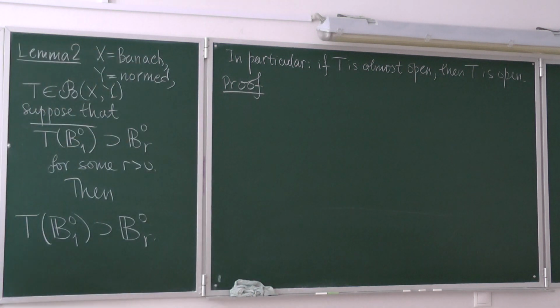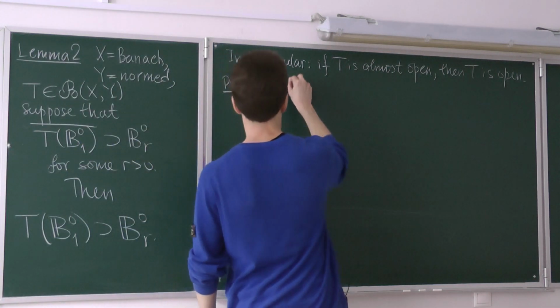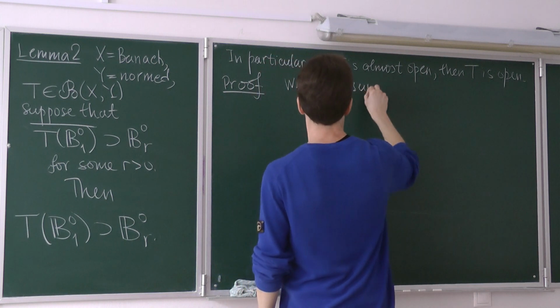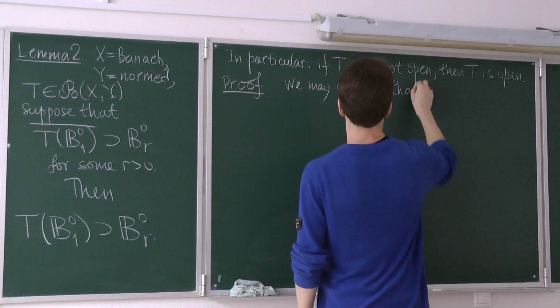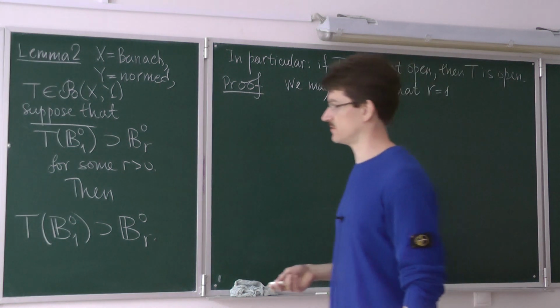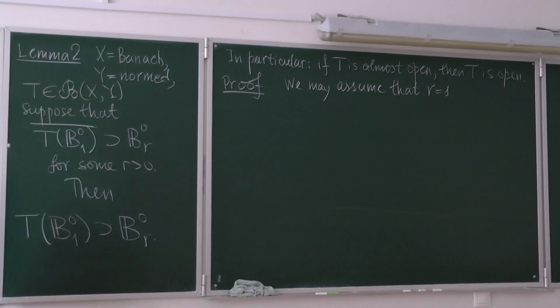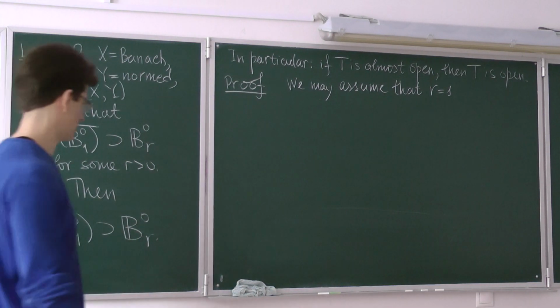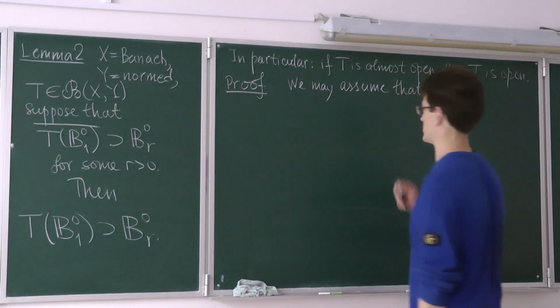For simplicity, we can assume from the very beginning that R equals 1. Because if not, we can just rescale the norm on Y. So we multiply the norm of Y by a suitable constant, and this reduces everything to the case where R equals 1.